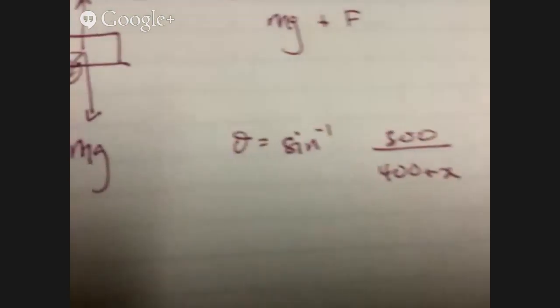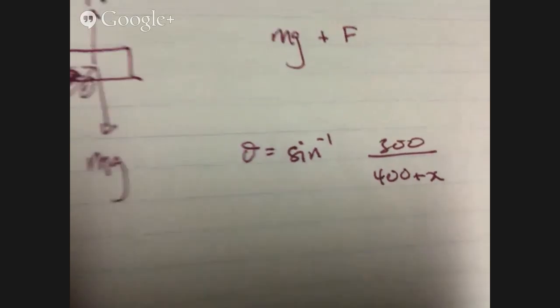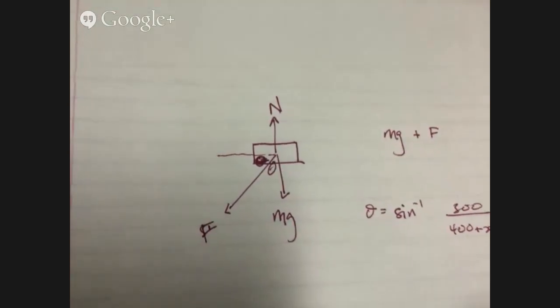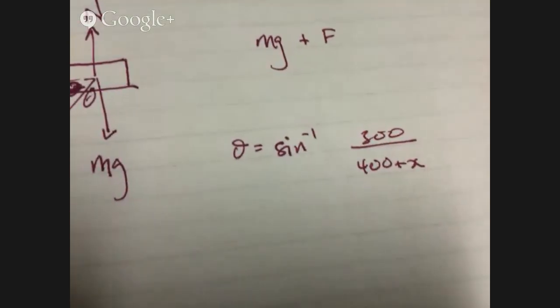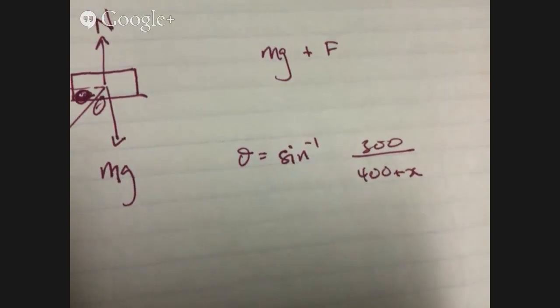what is it? It's inverse sine of 300 over 400 plus x. What's x? The extension. 300 over 400 plus x.